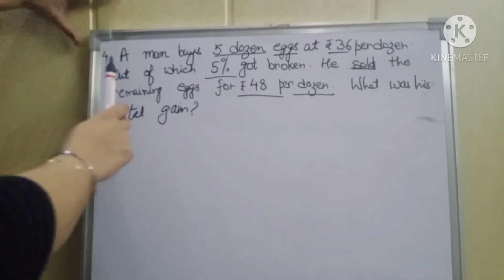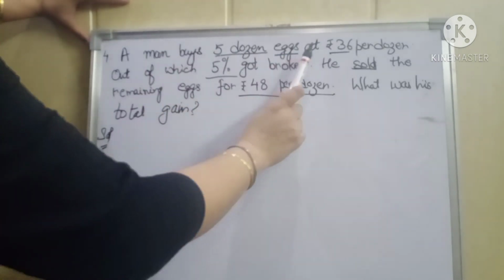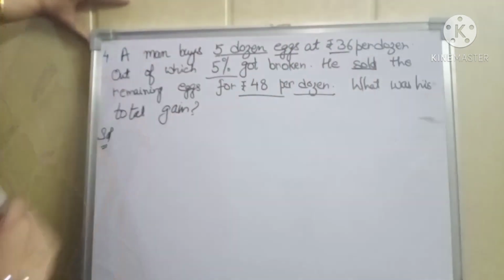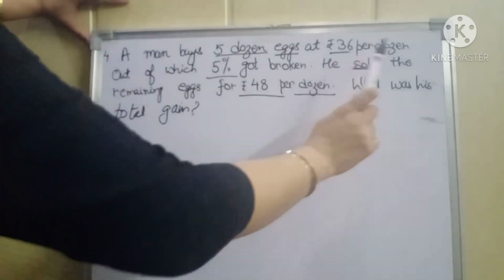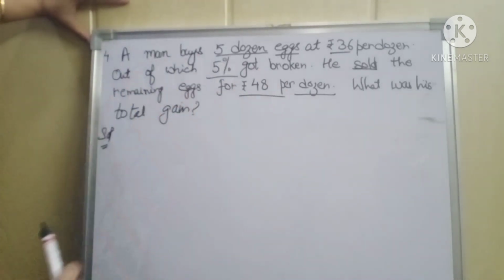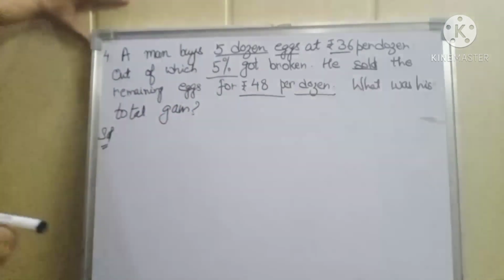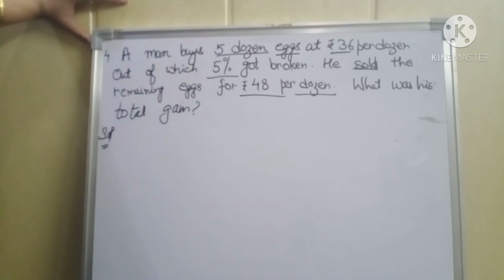Let us solve sum number 4. A man buys 5 dozen eggs at rupees 36 per dozen, out of which 5% got broken. He sold the remaining eggs for rupees 48 per dozen. What was his total gain? Now let us find the number of eggs he bought.